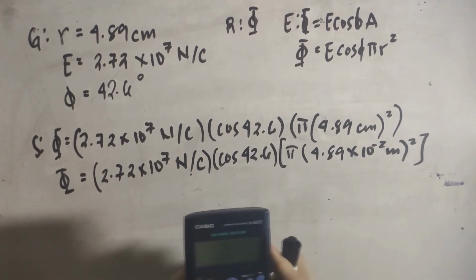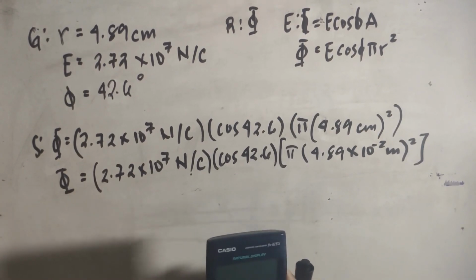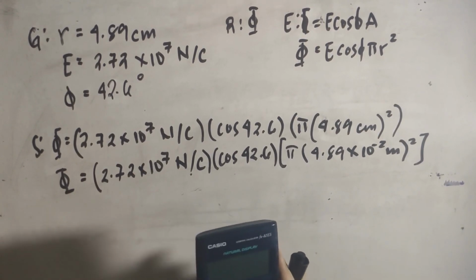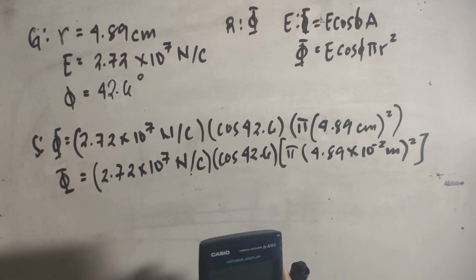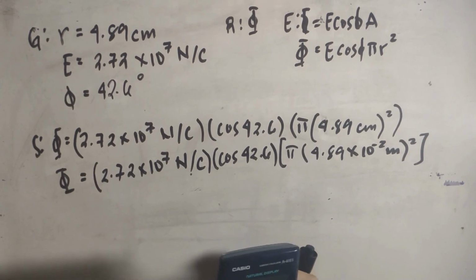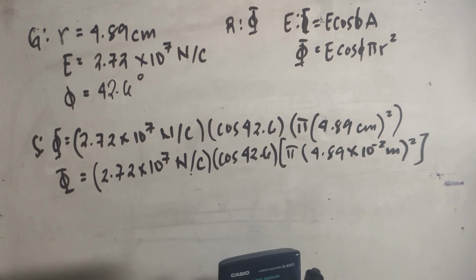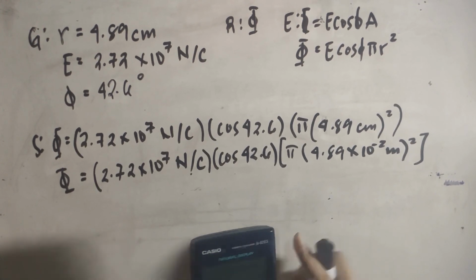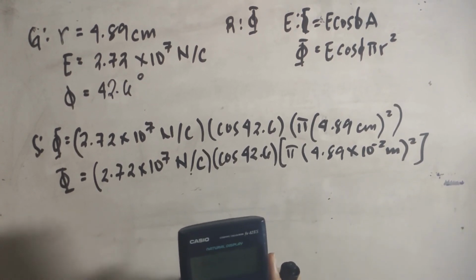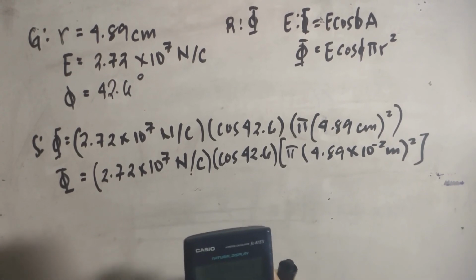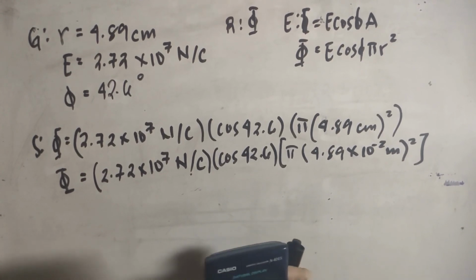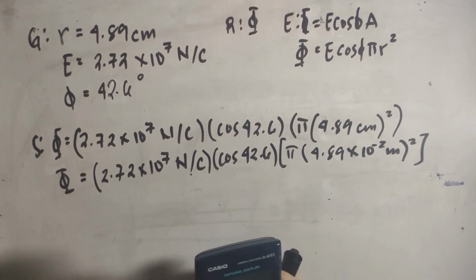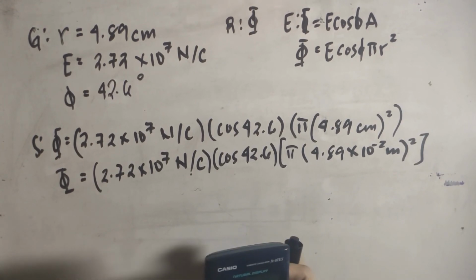So that would be 2.72 times 10 raised to 7 times cosine 42.6 times pi. Then of course you put another parenthesis, 4.89 times 10 raised to negative 2. That would be squared, then another parenthesis.